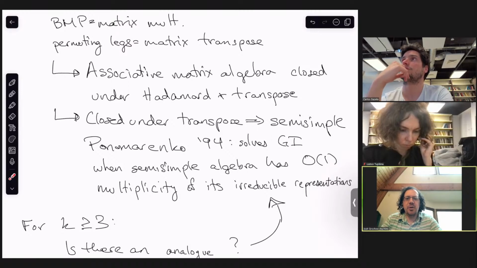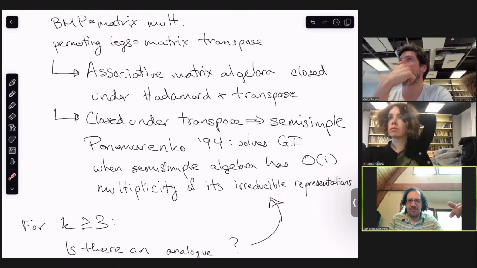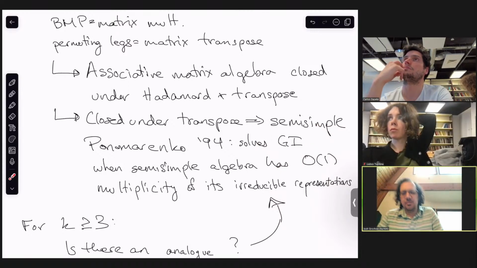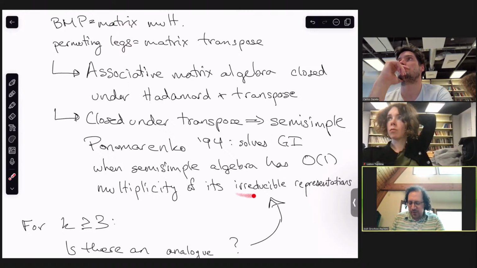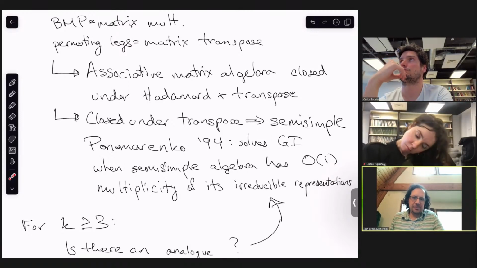So there's some constant where the eigenvalues don't appear with multiplicity more than that constant. And this condition about irreps of this semi-simple algebra actually generalizes that. Right. It's related to other things that people had looked at, but stronger.